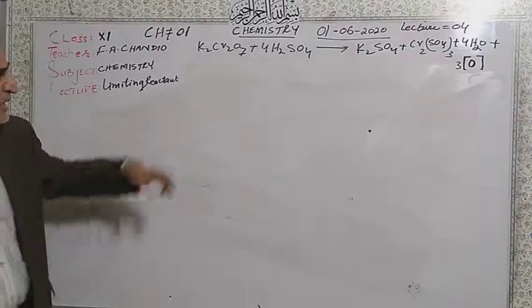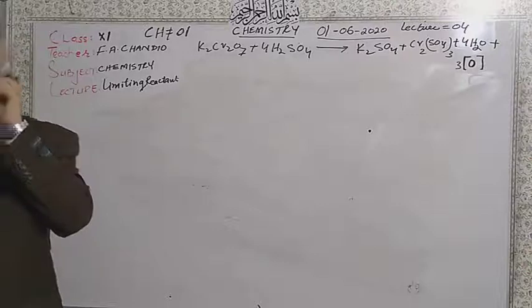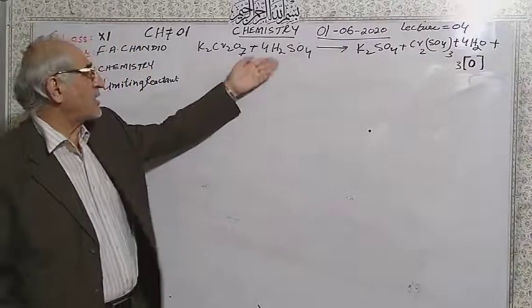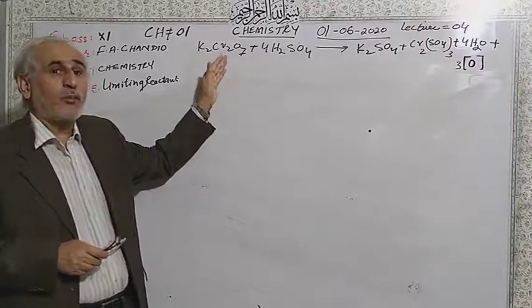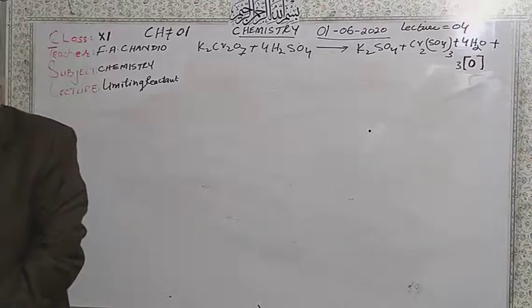Now, dear students, it means that potassium dichromate is the non-limiting reactant, and sulfuric acid is consumed during the chemical reaction. Some amount of potassium dichromate is consumed, and some amount is going to remain behind.